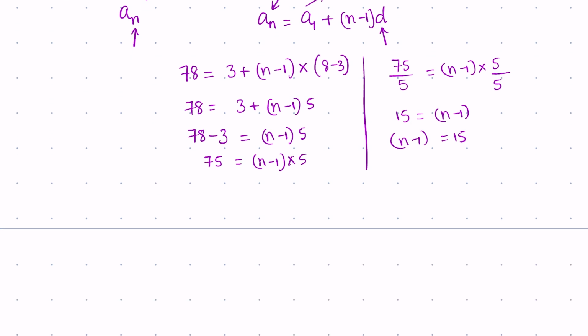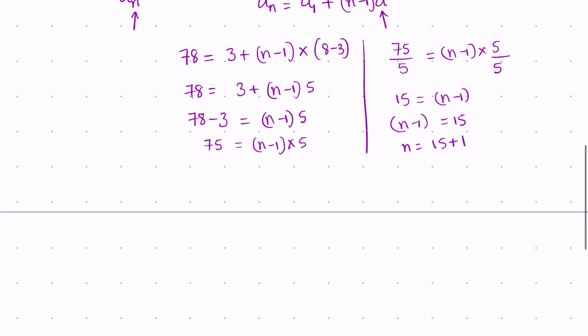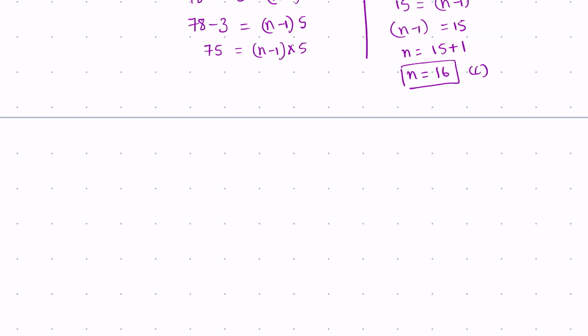We're just representing it in another way, or n is equal to 15 plus 1, or n is equal to 16. And the question was, which term of the AP? So n is equal to 16. This is option C. Moving on to question number 3.